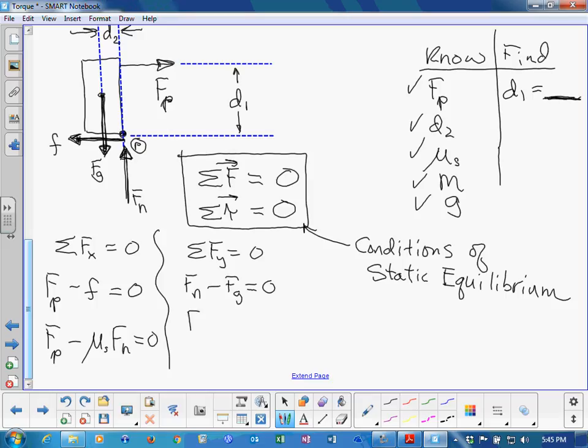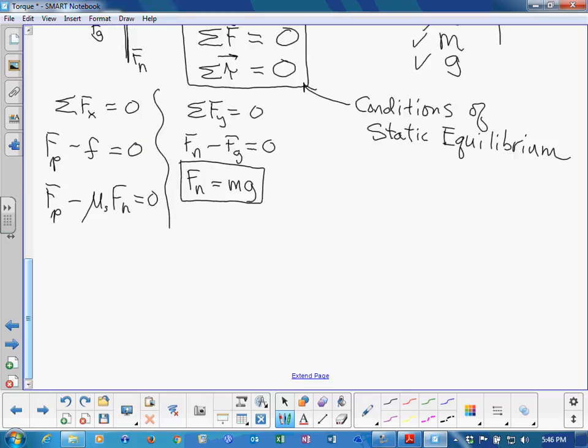Okay, so we can now figure out what our normal force is because we can use our model for the gravitational force. The gravitational force is equal to mg. And so now we've calculated the normal force. Putting that back into this equation here, we can now see that the pulling force is going to be equal to mu times the normal force, which we now show as mg.